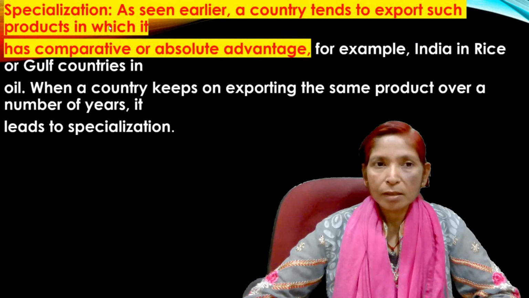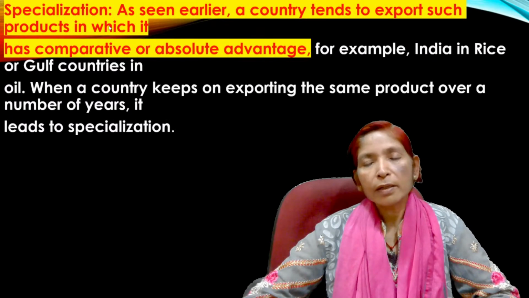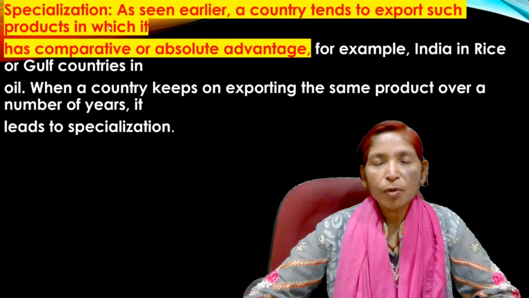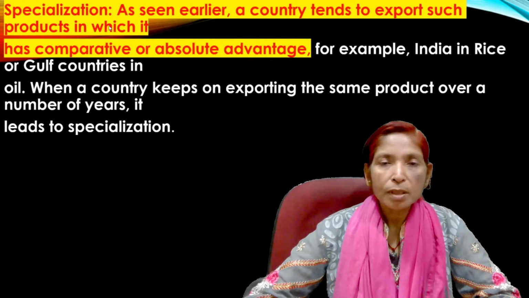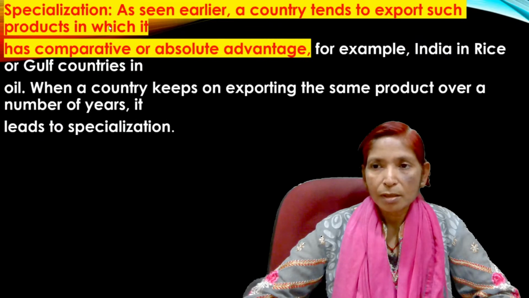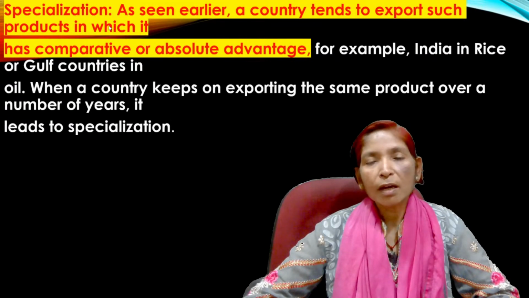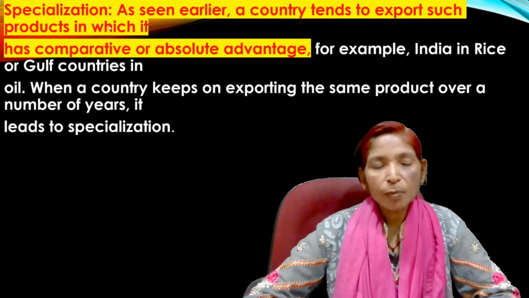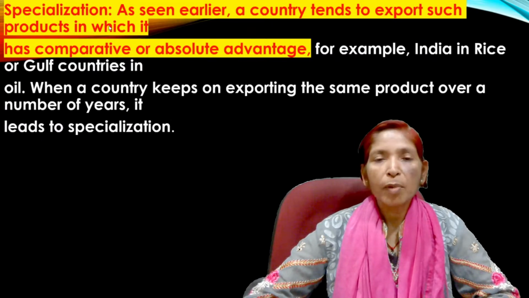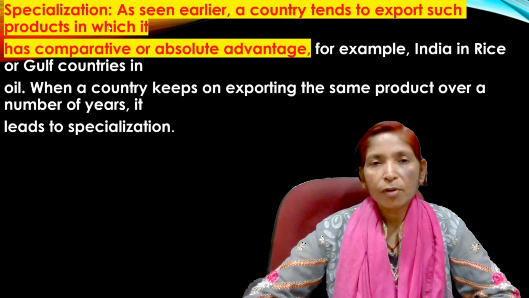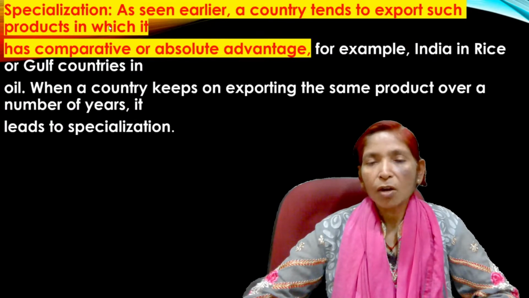Next is specialization. As seen earlier, a country tends to export such products in which it has a comparative or absolute advantage. For example, India in rice or Gulf countries in oil. Gulf countries are rich in oil. They can export oil to the developing countries and buy food products from the agricultural economies.